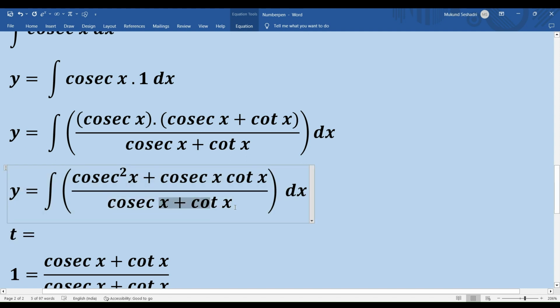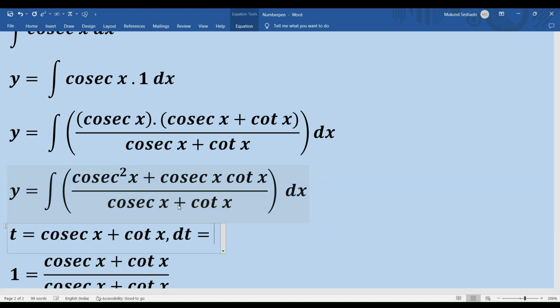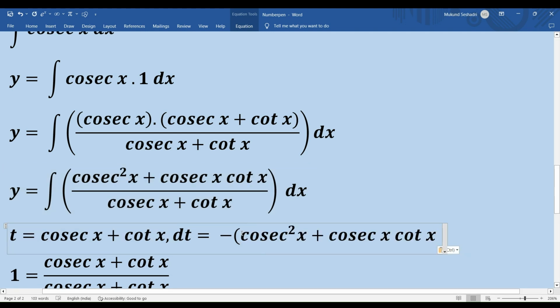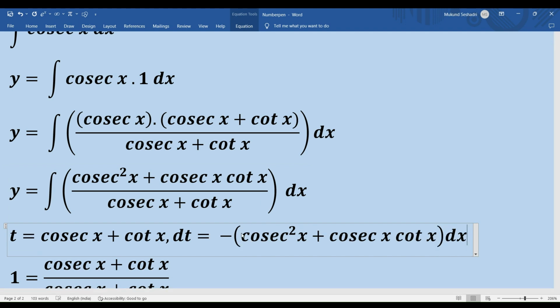I'm going to do t equals cosecant x plus cot x, right? Therefore, when I differentiate on either side, I get dt by dx equals minus of cosecant square x plus cosecant x cot x, right? Now you see, I get the negative of what I have in my numerator above, right?